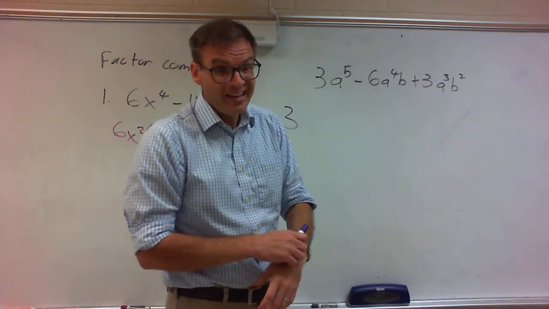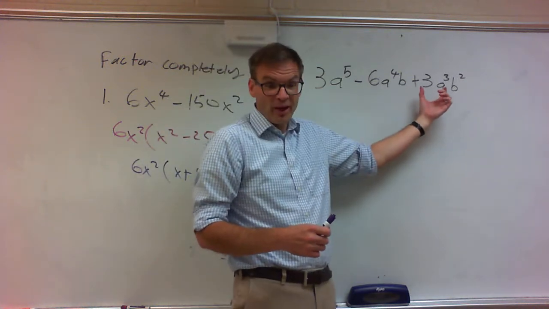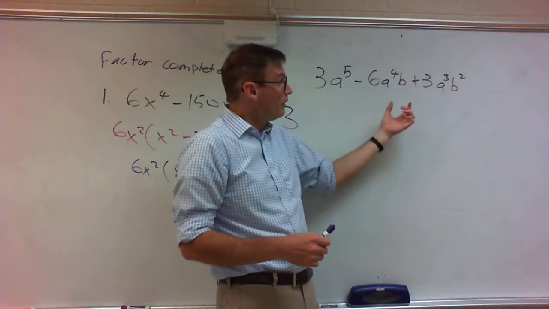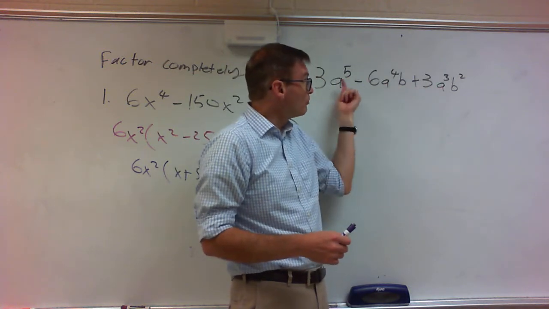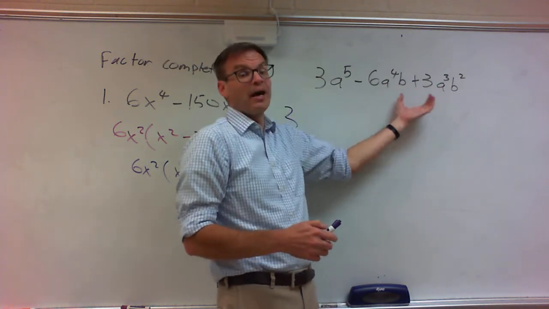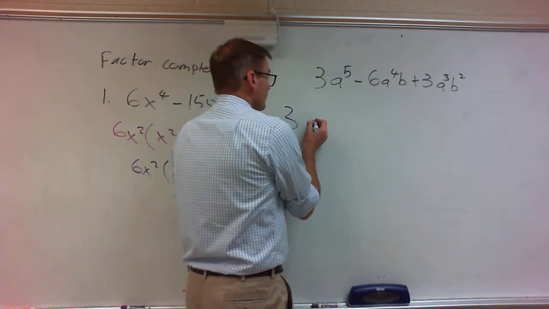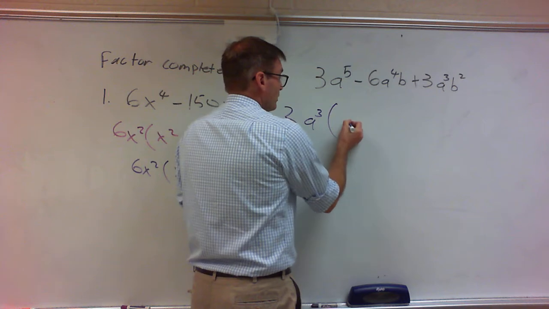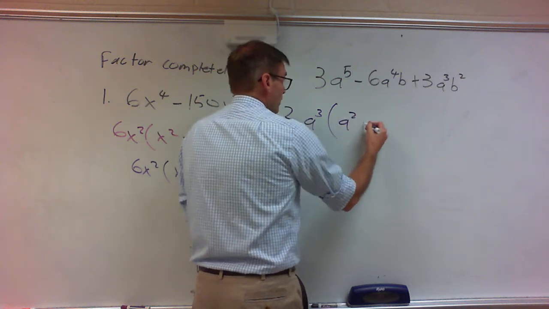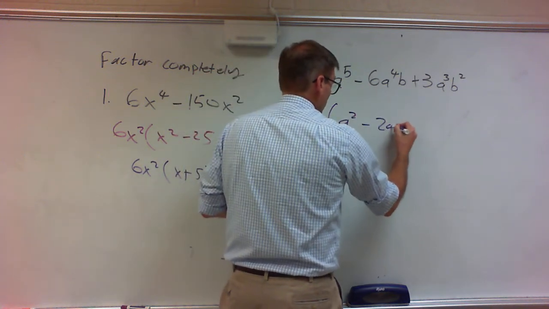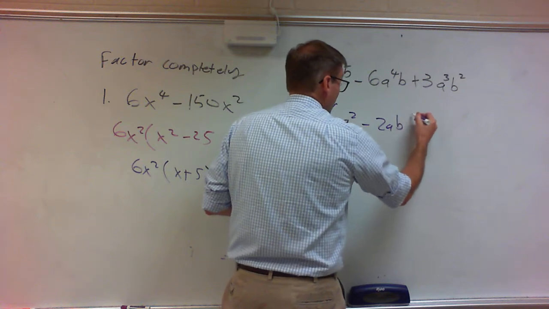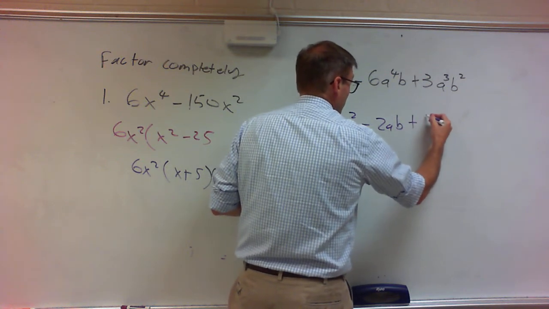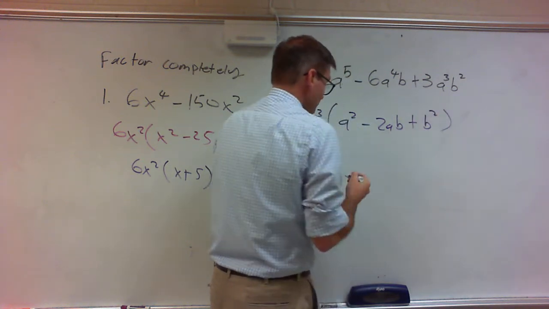Since there's an a in all of these, I ask myself how many a's can I pull out of everybody? With a cubed, a to the fourth, and a to the fifth, it looks like I can pull an a cubed out. And then I'm left with a squared minus 2ab plus b squared.